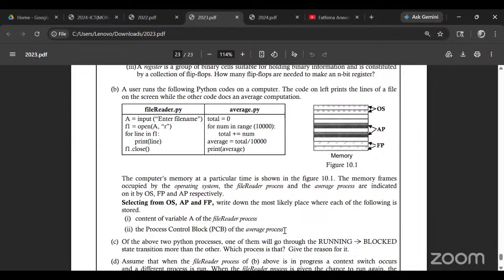Even in the past paper, the official scheme is like that, I think. You could say as there is file reading in it, or you could say as it is involved in input output, or because it has to wait for input, right?